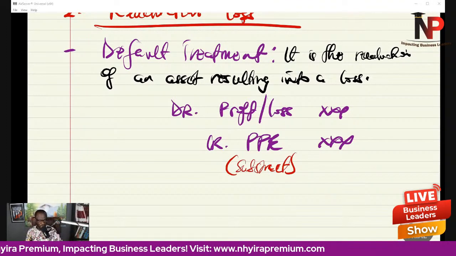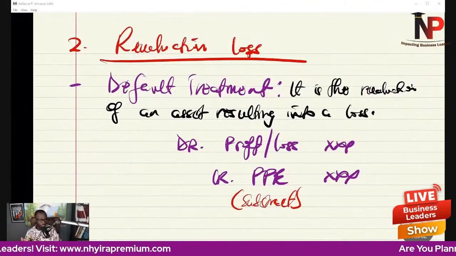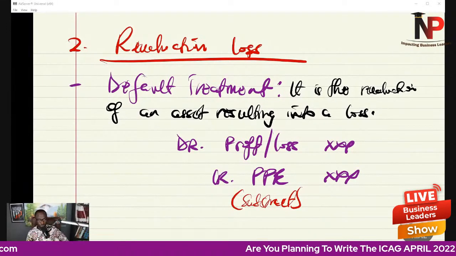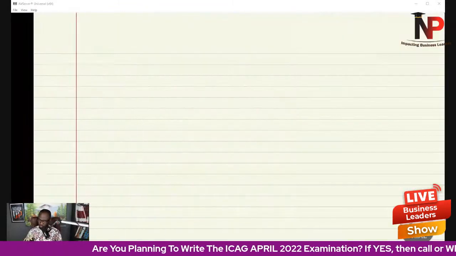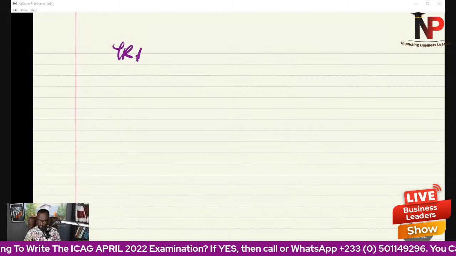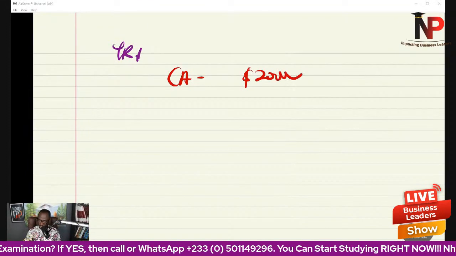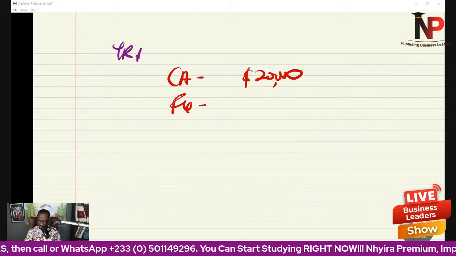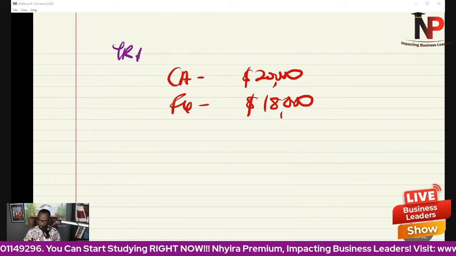Now, get me well, because I'm going to merge this with the other one. So let's say for the first year, you revalue the asset and it results into a loss. Let me pull a scenario up. Let's say in year one, the carrying amount of the asset is 20,000, but the fair value of the asset is 18,000.